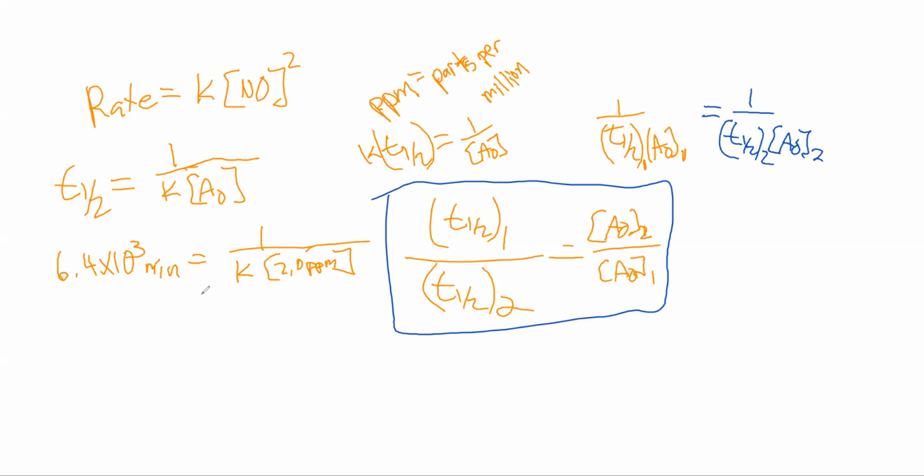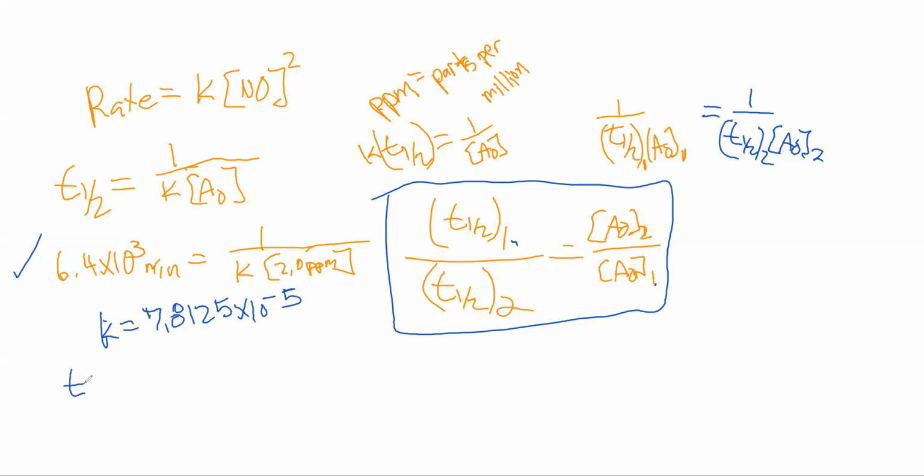I prefer this method where I just plug one in and I go through that other one. So that way I don't have to worry about rearranging them, because if you notice that these two end up being reciprocals of each other, right? So it's not always 1/2. You have to pay attention to that side, right? But either one of those works. So if we solve for our K, we get that value.